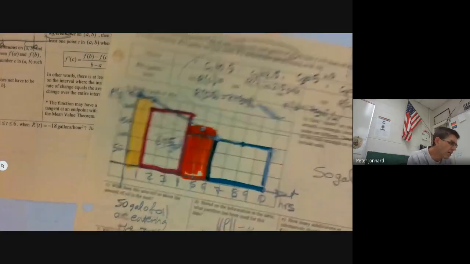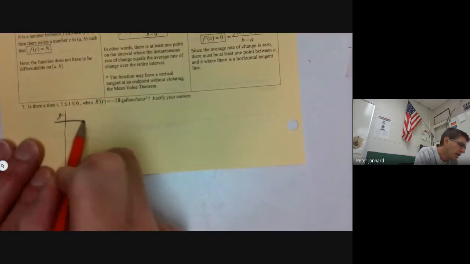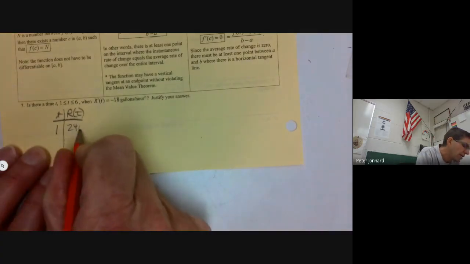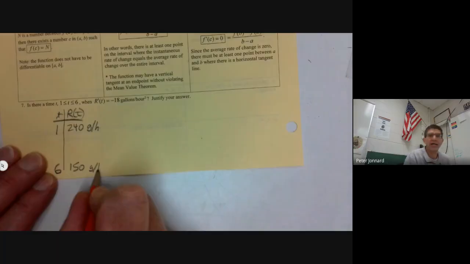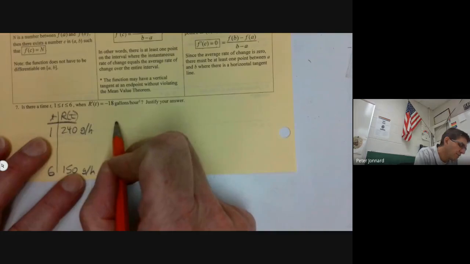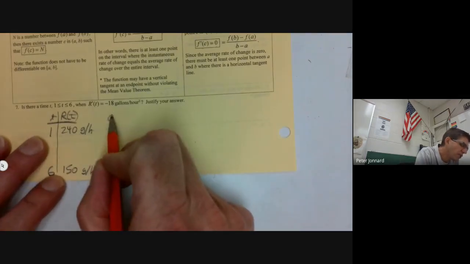One typical way of handling this is to look at the time and R of t. Let's just look at the data at 1 and at 6. At 1, it was 240 gallons per hour, and at 6, copying the original data from the chart, it was 150 gallons per hour. My first inclination is to find the average rate of change over that interval.